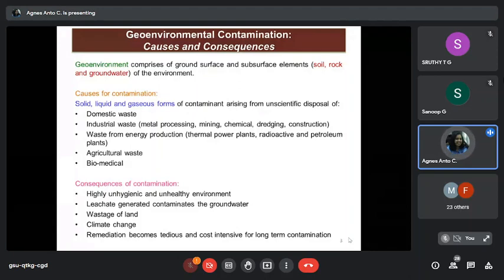So I've just listed out the main sources of waste. The first one is domestic waste. Municipal solid waste actually comprises more than 50% of the waste generated. Then we have industrial waste from metal processing industries, like in India we have a very active iron and steel industry, alumina industry, so all these slags and residues which come from these industries.